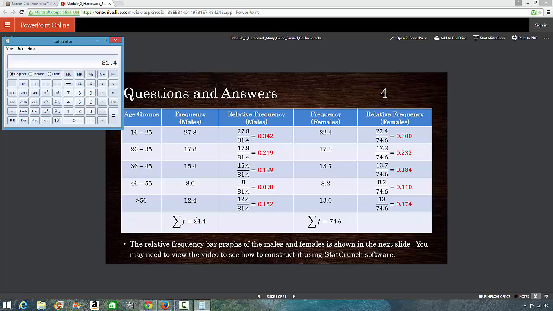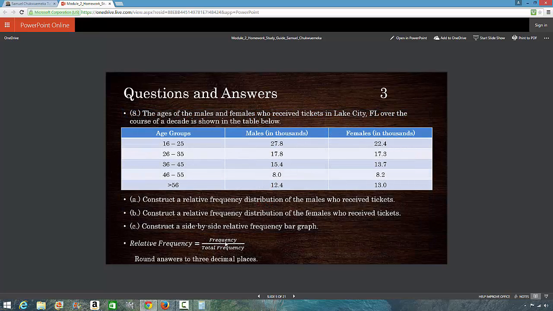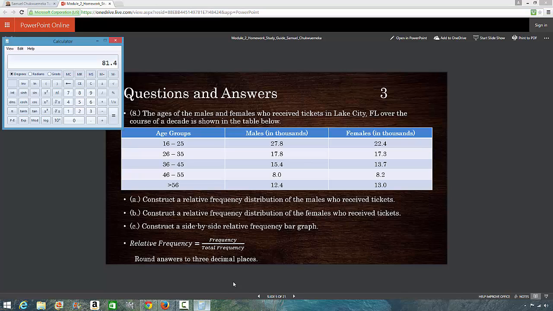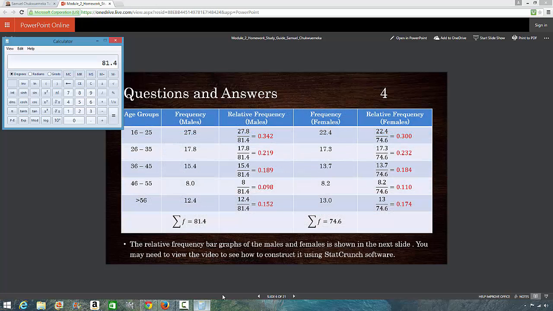If you want to find relative frequency, that is the formula right here: the frequency of each one divided by the total frequency. And they want you to round to 3 decimal places. So we have to do each of these frequencies and round to 3 decimal places.